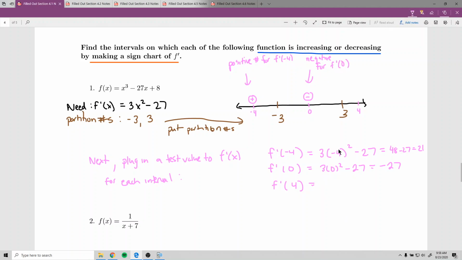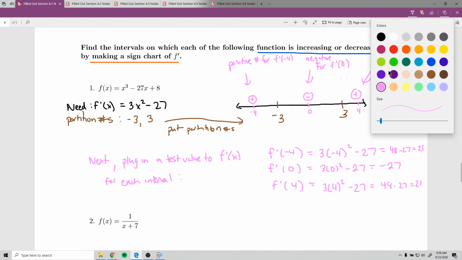And then finally, plug in 4. 3 times 4 squared minus 27, and that's going to be the same thing as up here, because 4 squared is 16 times 3 is 48. 48 minus 27 is 21. Once again, if you plug these numbers into the original function, they might sometimes match up, but very rarely. It has nothing to do with what sign the derivative is. You've got to make sure you do this.